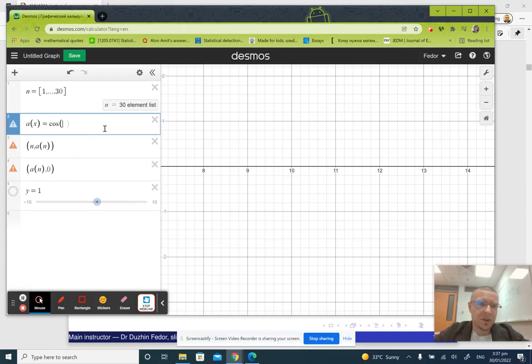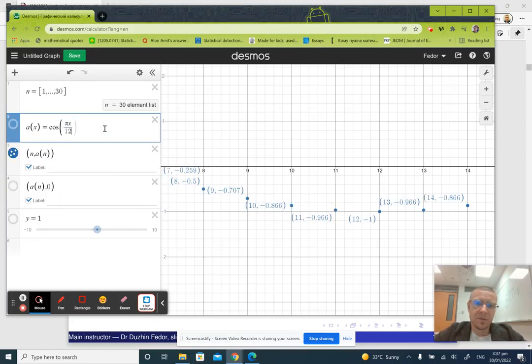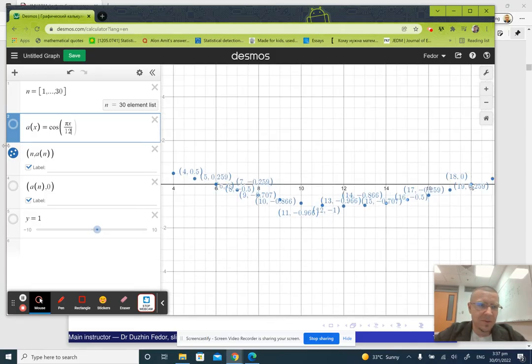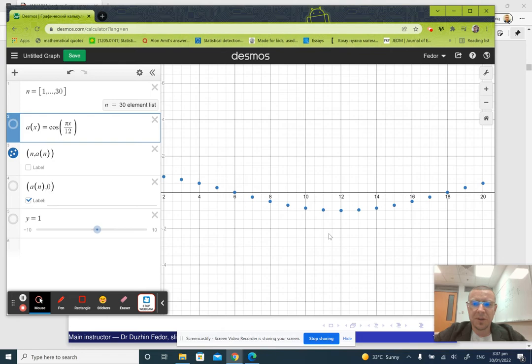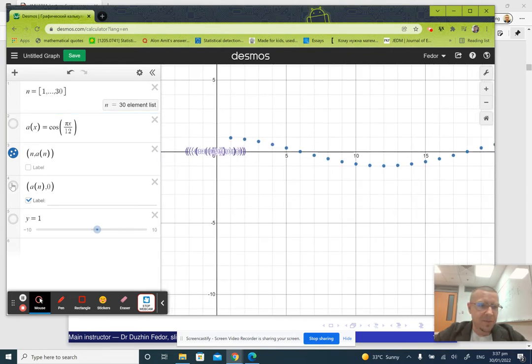So if you write cosine of pi x over 6, of course. Let me remove the label. This is what it looks like.